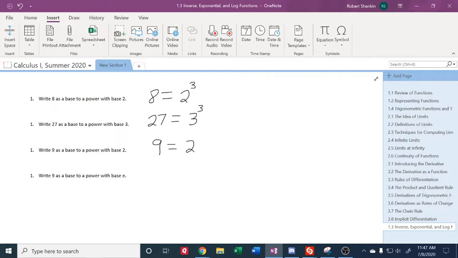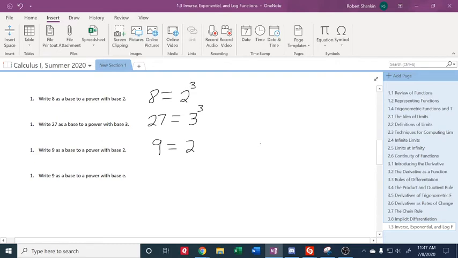Okay, group 4. What do you got? Log to the base of 2, 9? So I have 9 equals 2. What do I write... Oh, wait, I don't get what you're asking. I'm sorry. Okay, repeat what you said. I think you said something that was helpful.